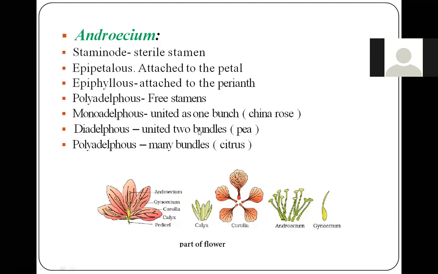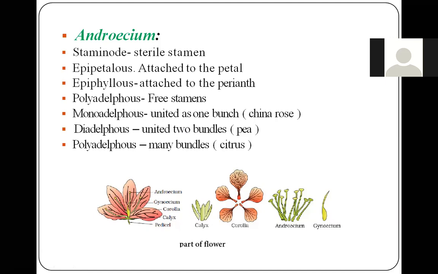The example seen in monoadelphous is the China rose. That means in China rose all the stamens are attached, or united with each other, to form a monoadelphous structure.